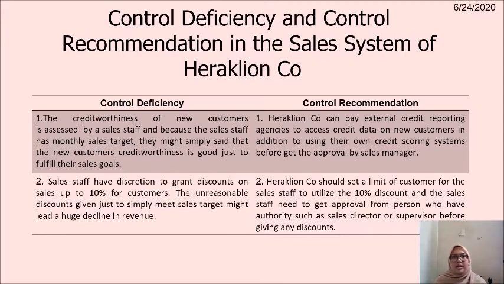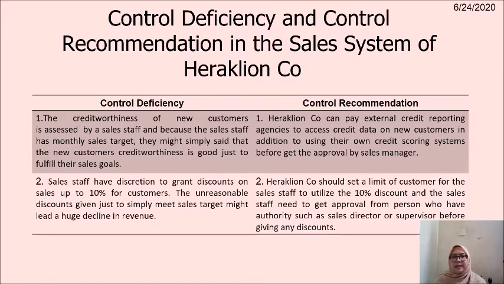So the control that Heraklion can implement is to pay external credit reporting agencies to assess credit data on new customers, in addition to using their own credit scoring system, before getting approval from the sales manager.